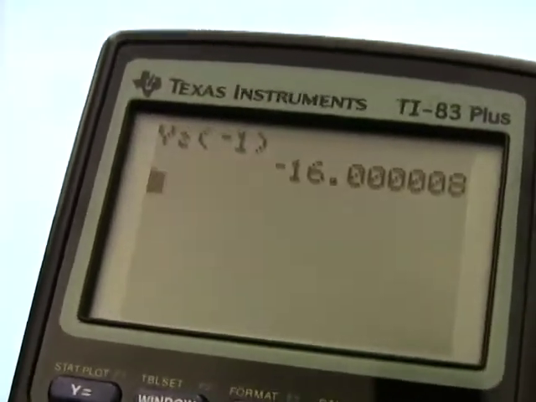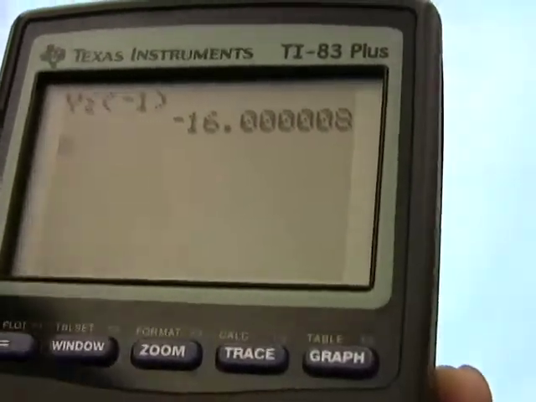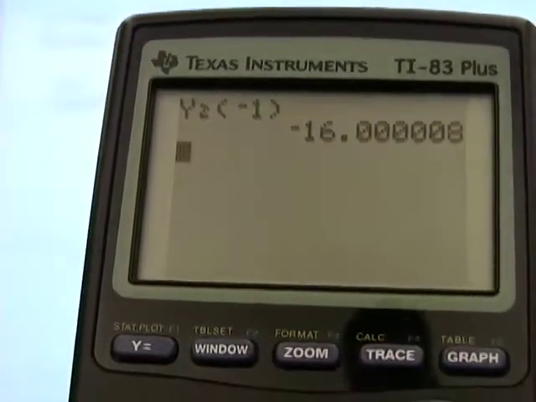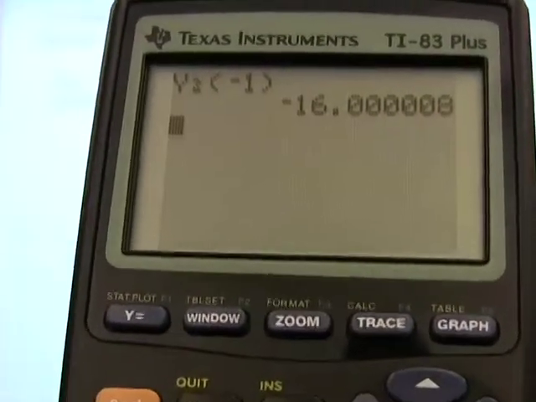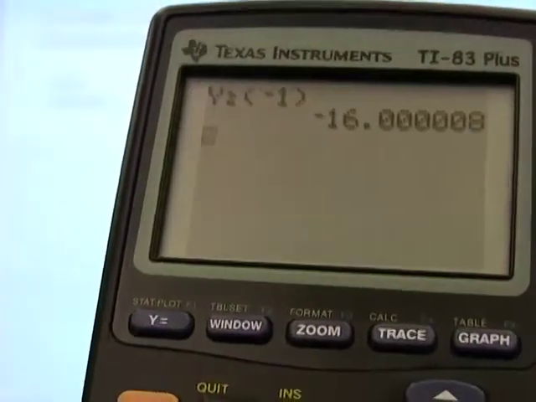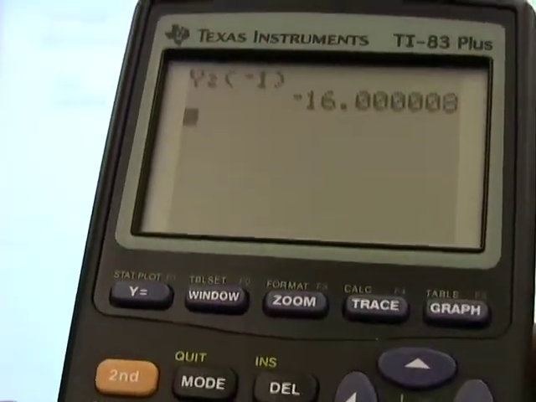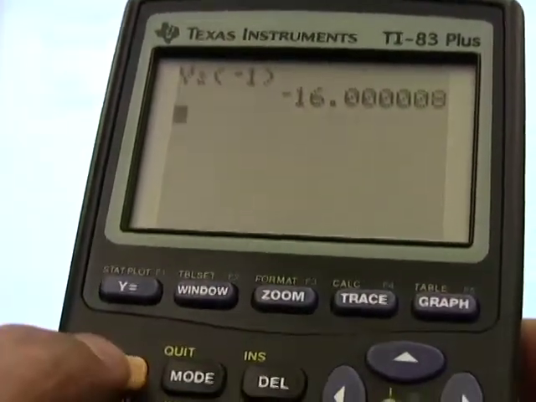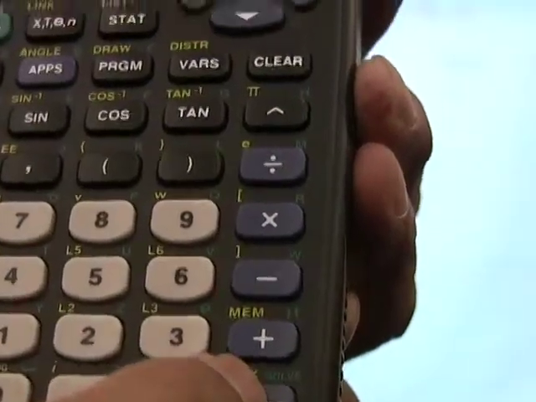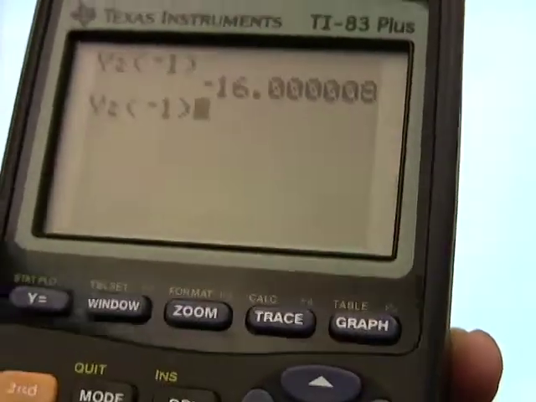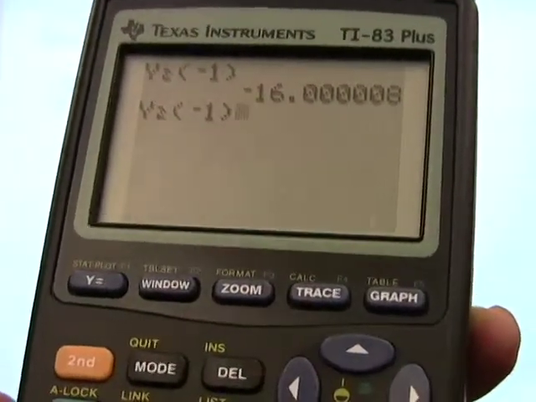What do you get? Well, we are not interested in the number. We are interested in the sign. It tells you that the first derivative is negative on that interval. And I showed you, you don't have to go back to find this y2. Press second enter, and you got that y of -1 there.